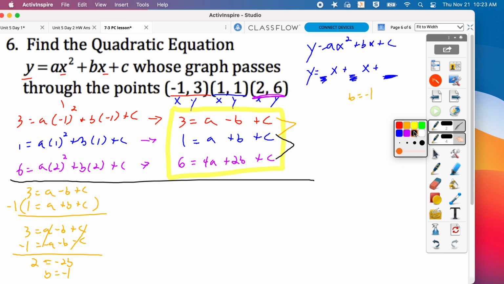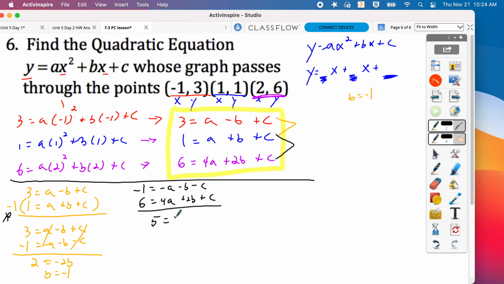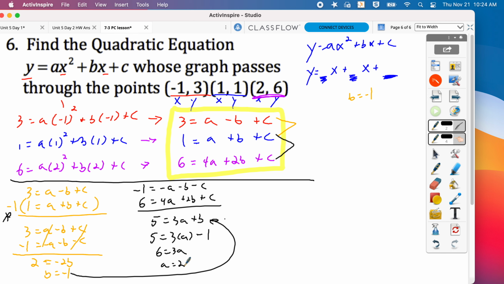I'm going to multiply this one by -1 again, like I did here. You get 5 equals 3a plus b. All right, we just said my b is -1. So I'm going to solve and get my a to be 2.